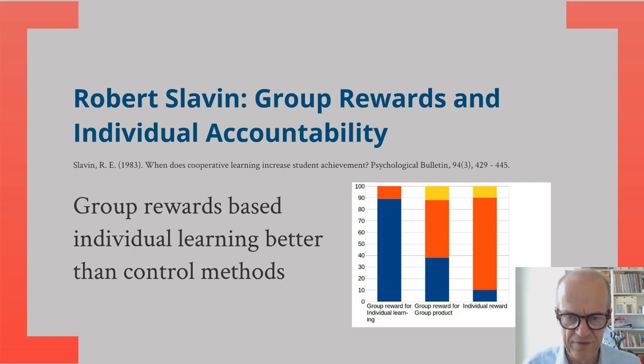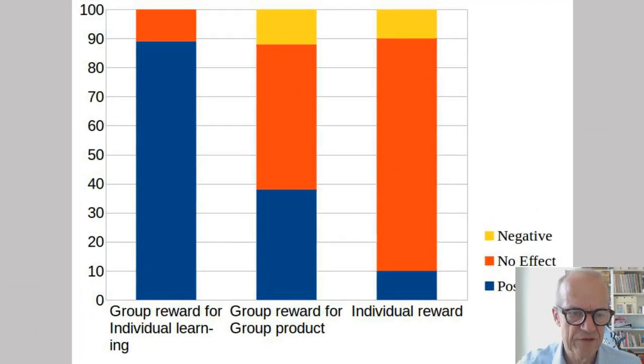And control methods are, for instance, methods in which groups are rewarded for the product of the group and not for the individual learning, or when only the individual learning counts. So you can imagine that there are group products.